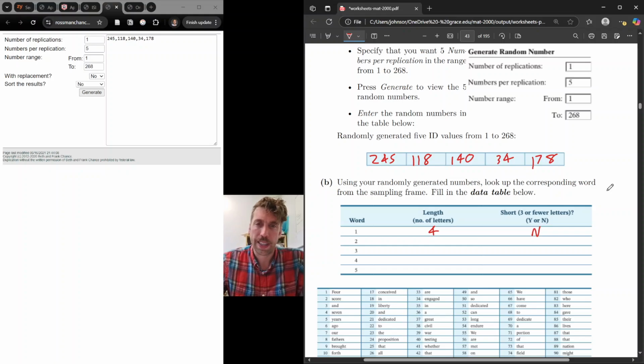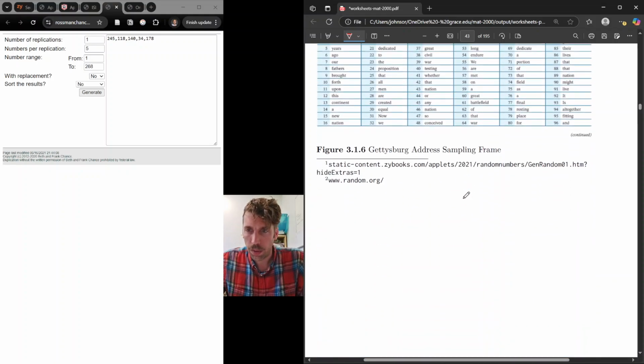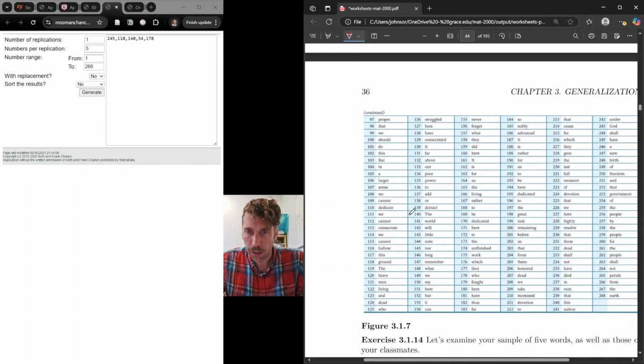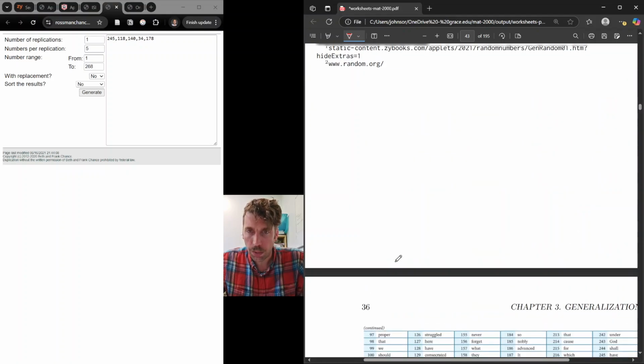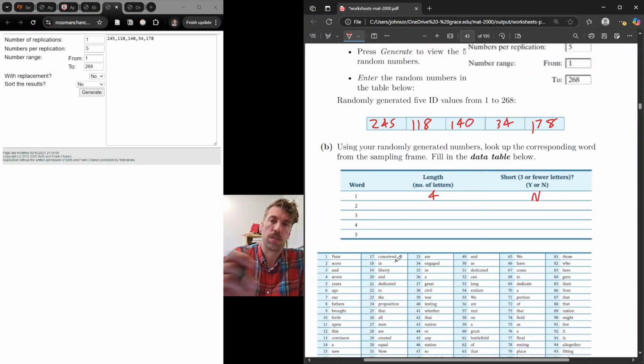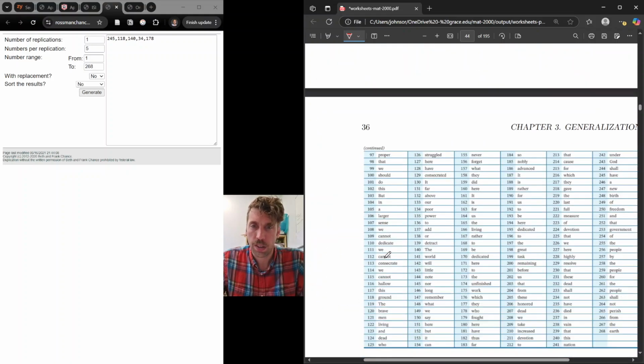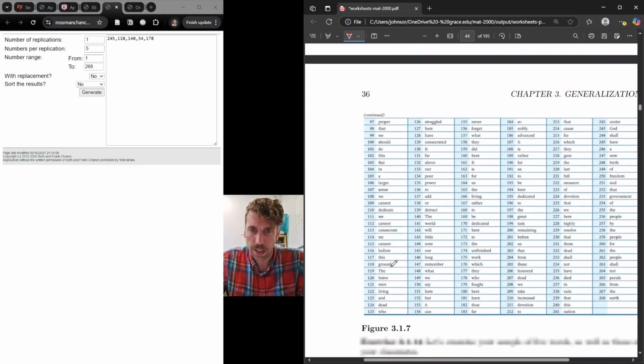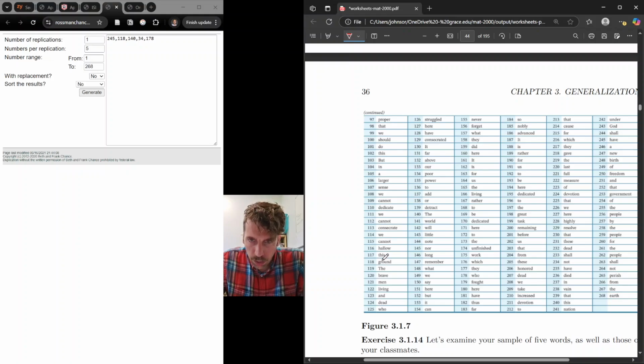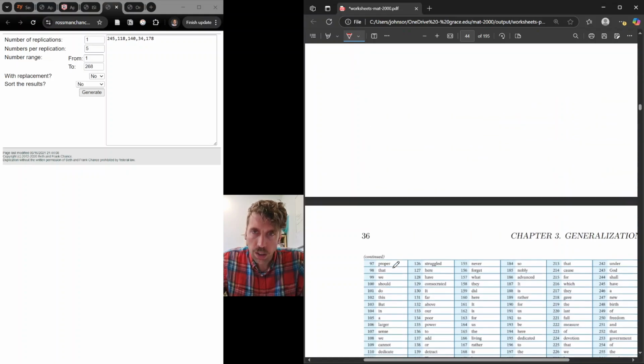And then 118, you pick whatever number you have. I have 118, which is "ground," which is longer. I forgot to count the letters. 118, ground: 1, 2, 3, 4, 5, 6, 7.